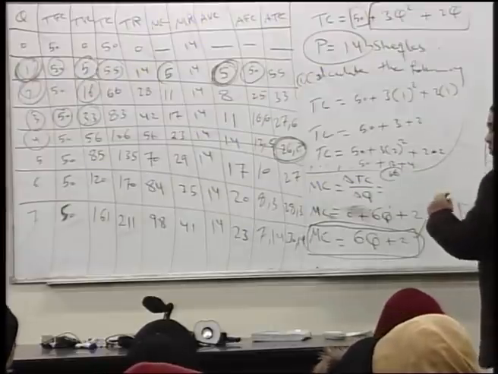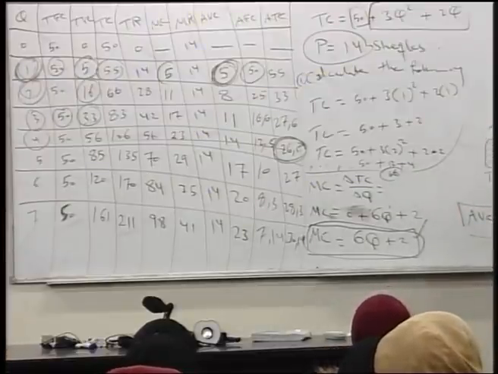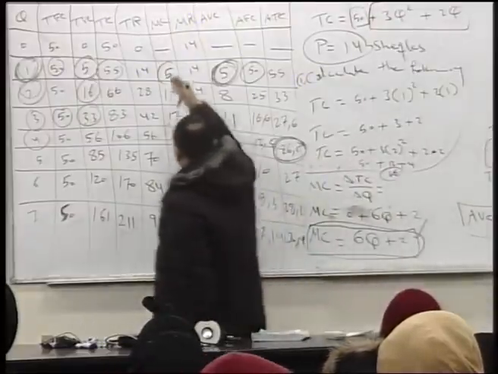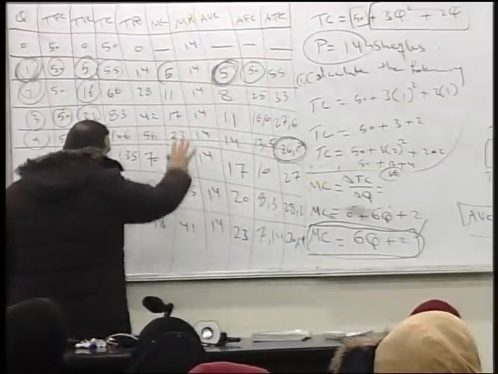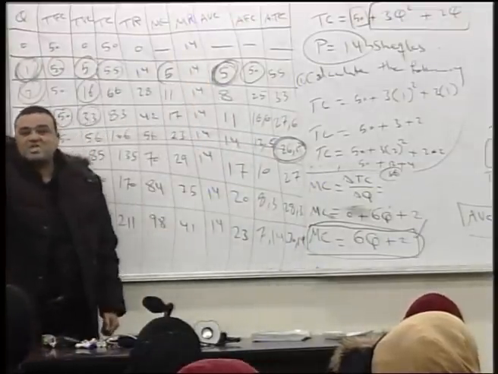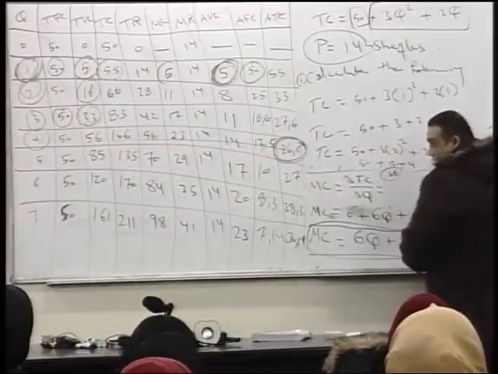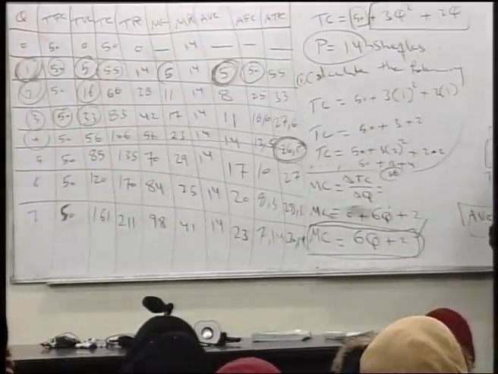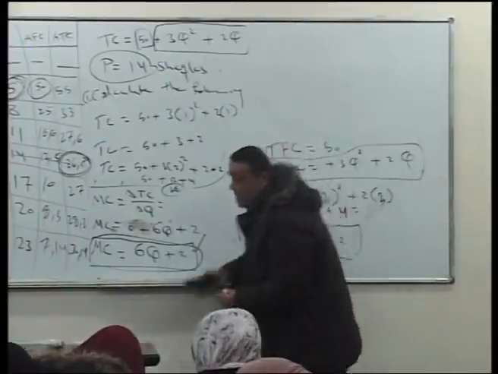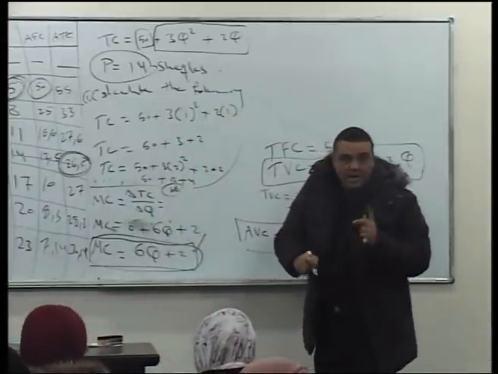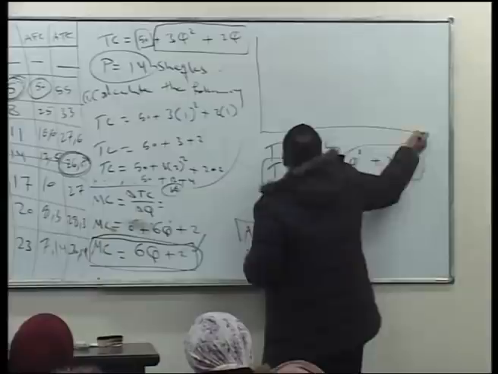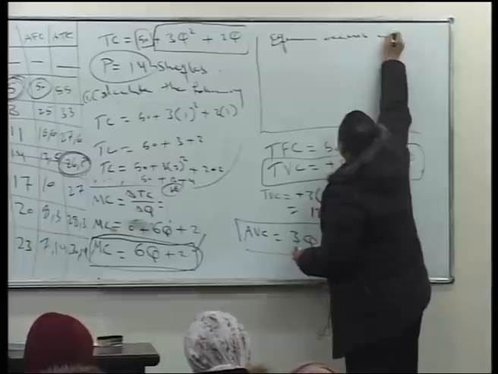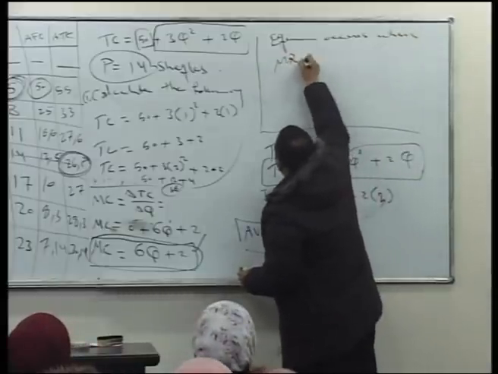Where is the equilibrium point? At MR equals MC. I think the data here doesn't cover it, so I go back to the formula. The equilibrium occurs when MR equals MC.